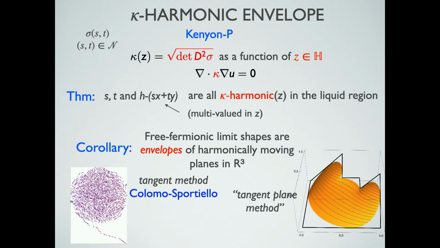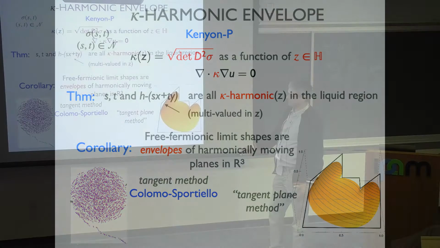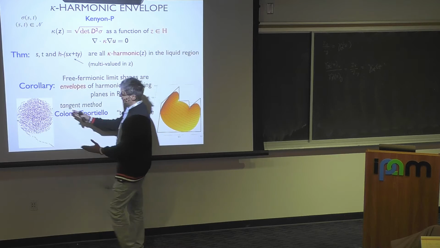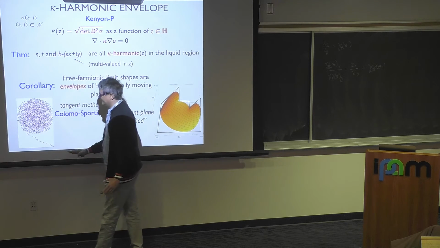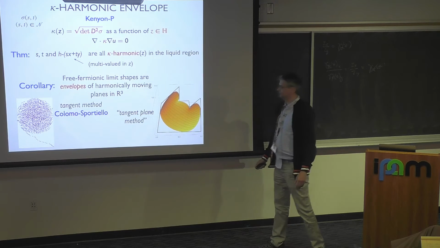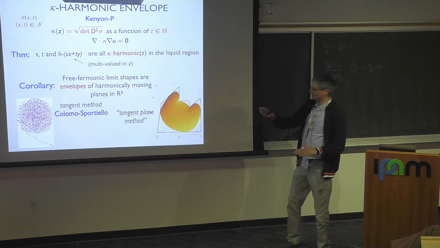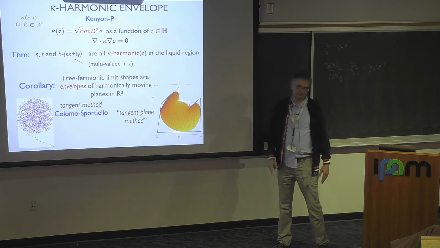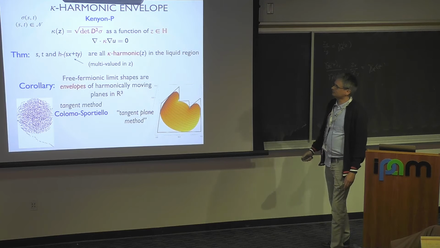Now, there is the usual tangent method due to Colomo and Sportiello, which is similar in spirit, where they introduce some boundary defect to force a tangent line to appear in the liquid region, and then to detect the original Arctic curve in terms of the envelope of these tangent lines. So now in our case, we can try to find the full limit surface in terms of these tangent planes.